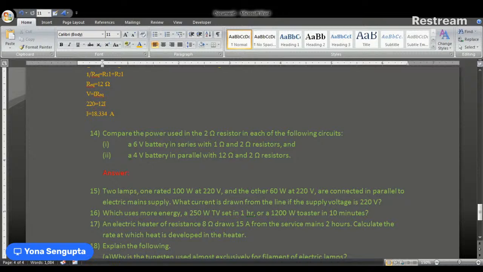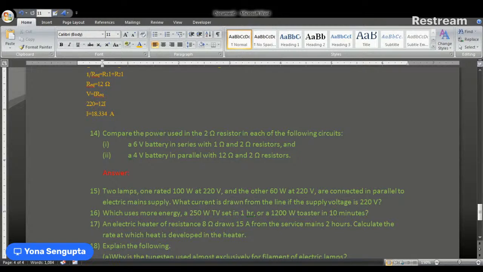Okay, so we can easily see here that the potential difference is 6 volt and the resistors 1 ohm and 2 ohm are connected in series. Hence their equivalent resistance can be given as 1 ohm plus 2 ohm, which equals 3 ohm.